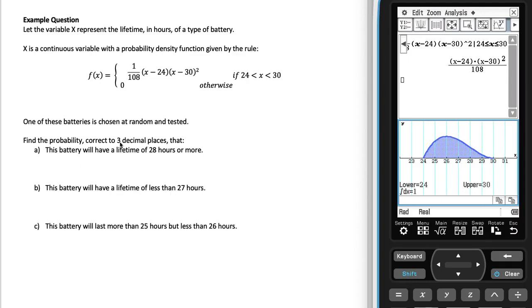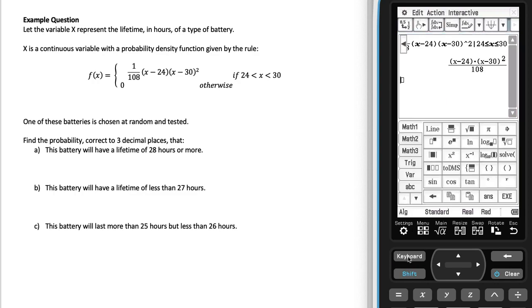Now, the probability correct to 3 decimal places that the battery will have a lifetime of 28 hours or more means I actually just want to integrate from 28 to 30. And you can see from looking at it that that's going to be certainly less than half, right? It's going to be a relatively small area, but the area in there is going to tell me the probability. So I can do that 2 ways. I can do it up in the main screen using the integral template.